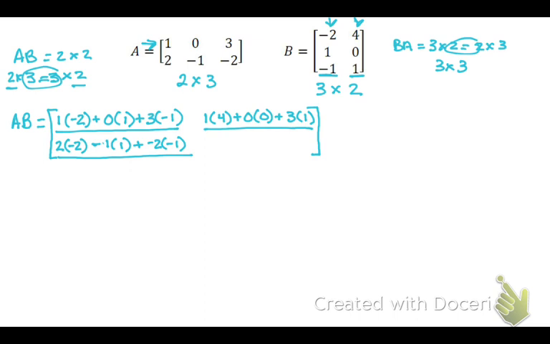Yeah. Okay. So the next, same row, second column. So 2 times 4, plus negative 1 times 0, plus negative 2 times 1. Okay. And I said plus, but did I write it? Nope. Okay. We're going to go sideways just because both of these work. So I got negative 2 plus 0 minus 3.